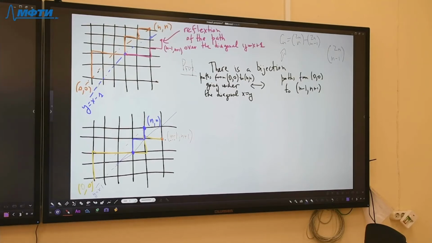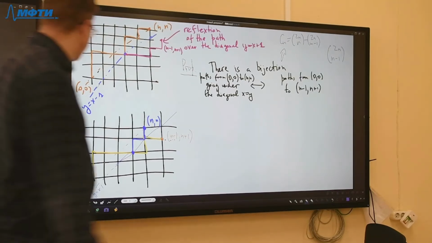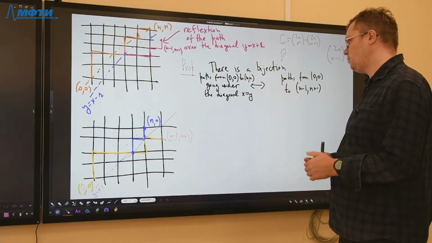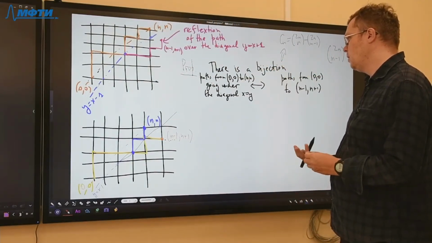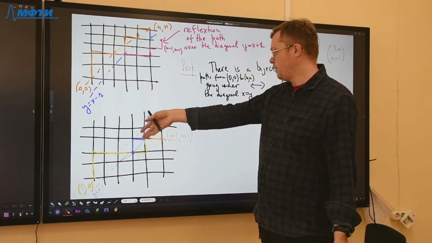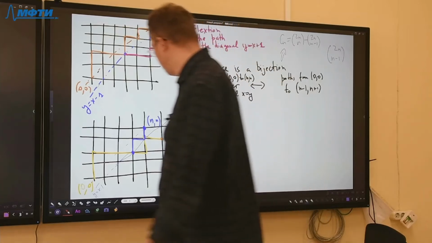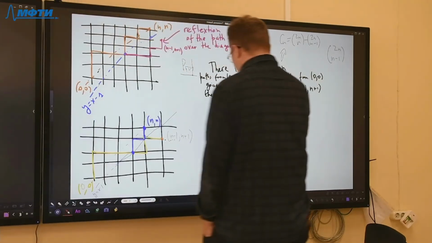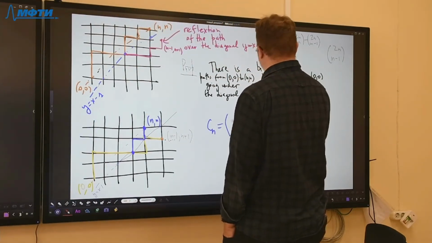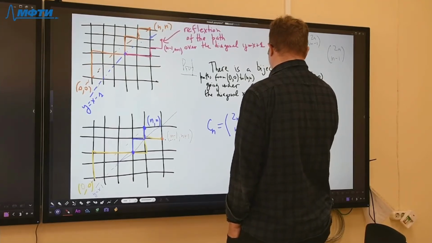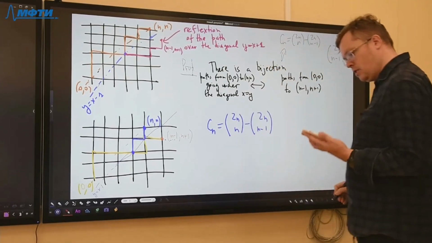On the other hand, we have the inverse mapping. It's easy to see that if we reflect this way, then the reflections will be inverse to each other. So this proves that the formula for the Catalan numbers is 2n choose n minus 2n choose n minus 1.